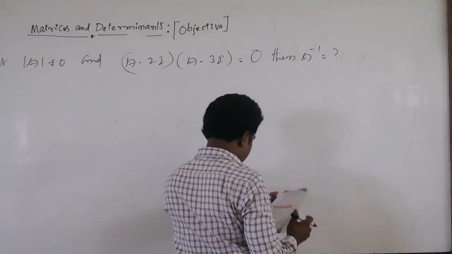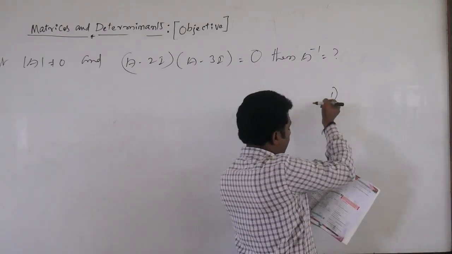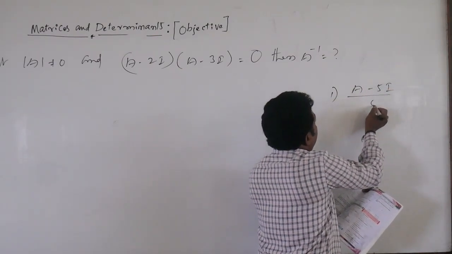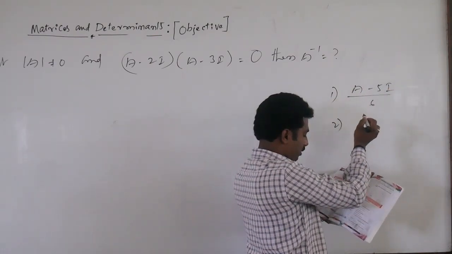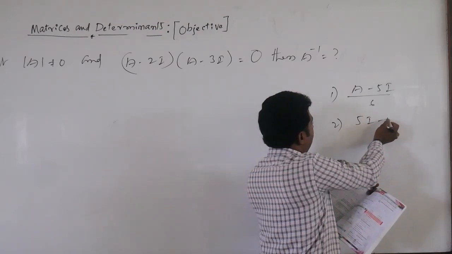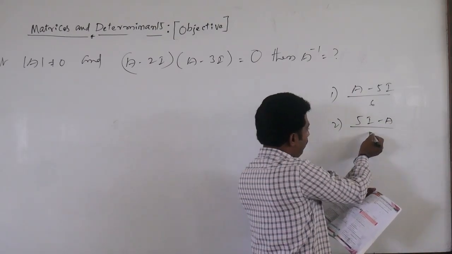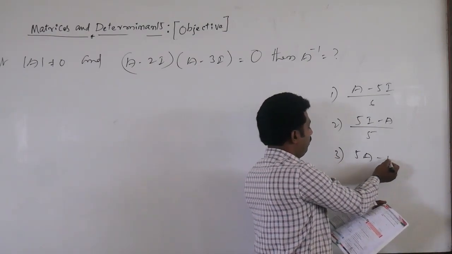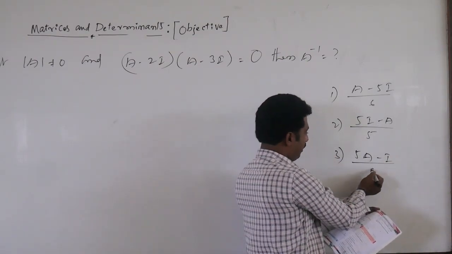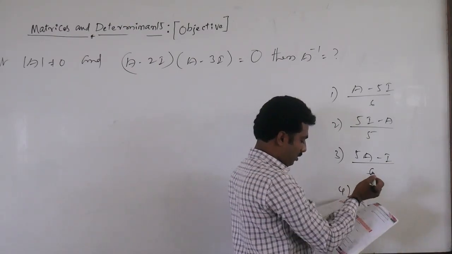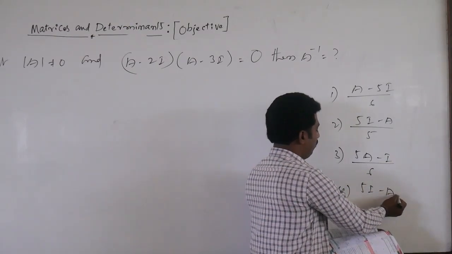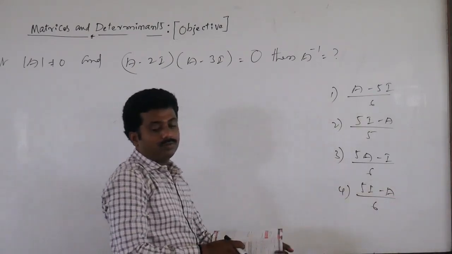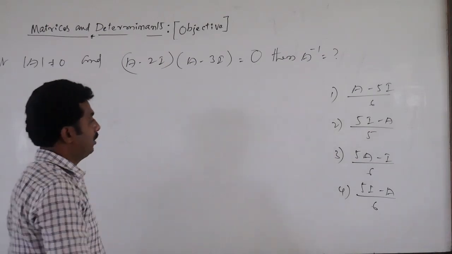Observe the options. First option, (A minus 5I) divided by 6. Second option, (5I minus A) divided by 5. Third option, (5A minus I) divided by 6. Fourth option, (5I minus A) divided by 6. So we have to see which one is the correct option.